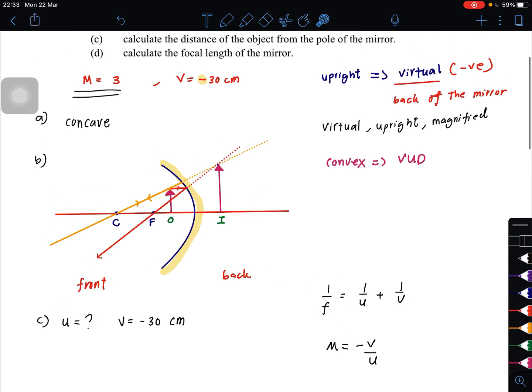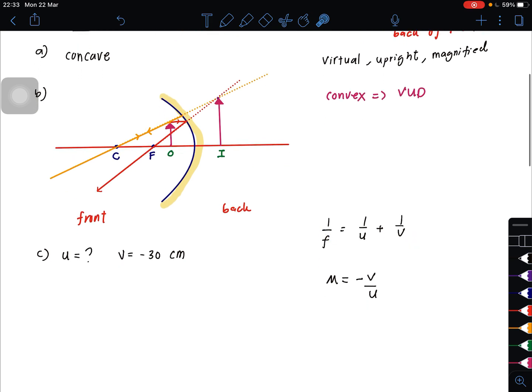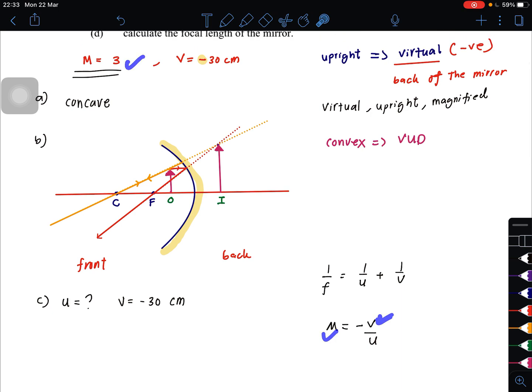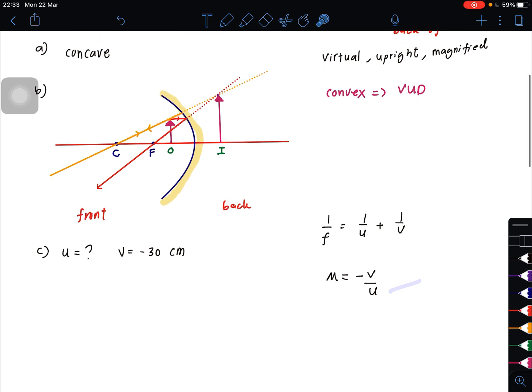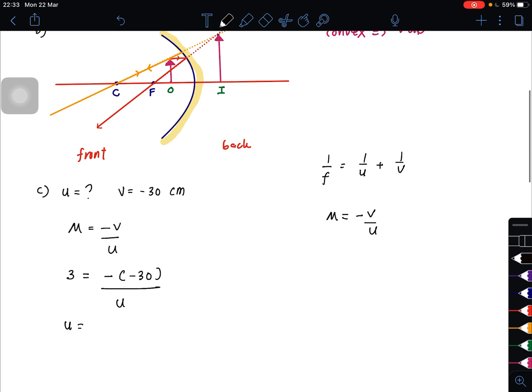Okay, but we're not given the f, so kita tidak boleh guna this formula lah. And then second formula, in order to find u, we need to have the information for v and then m. So now kita ada v, and then m pun kita dibagi, so we can use this formula here. So m is equal to negative v over u. M adalah 3, v adalah negative 30 divided by u. So u will be equal to 10 cm.